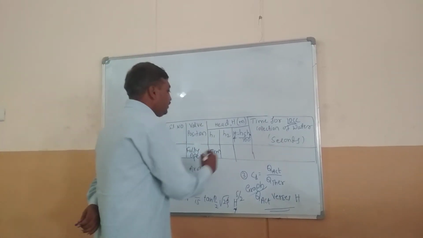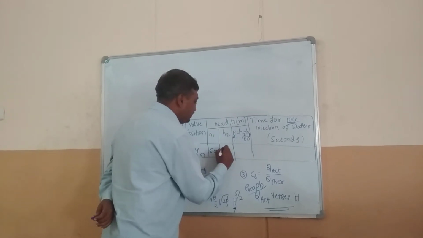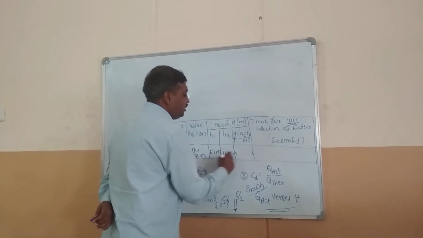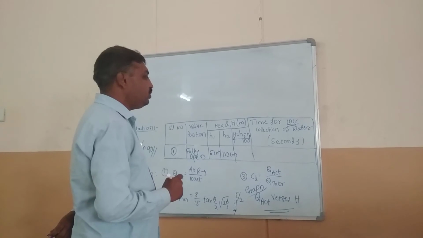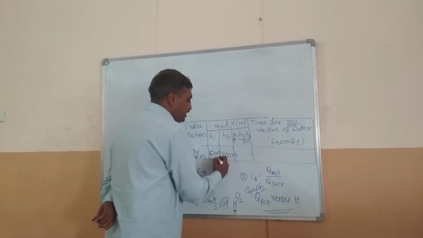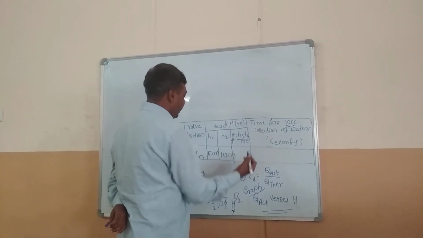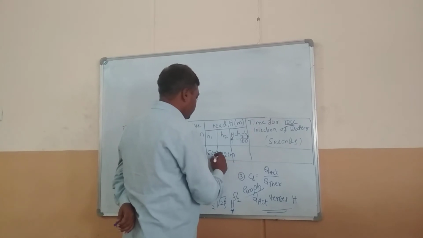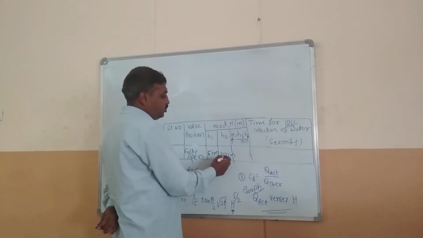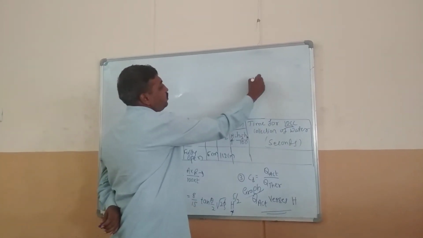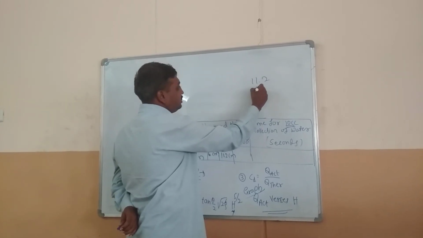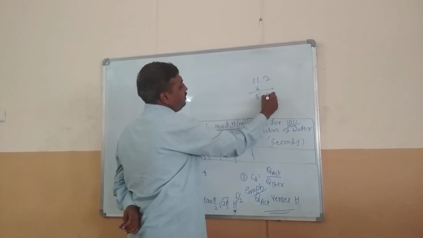And the H2 I have measured is 11.2 centimeters. So H2 minus H1 is 11.2 minus 6, which is almost 5.2 centimeters.